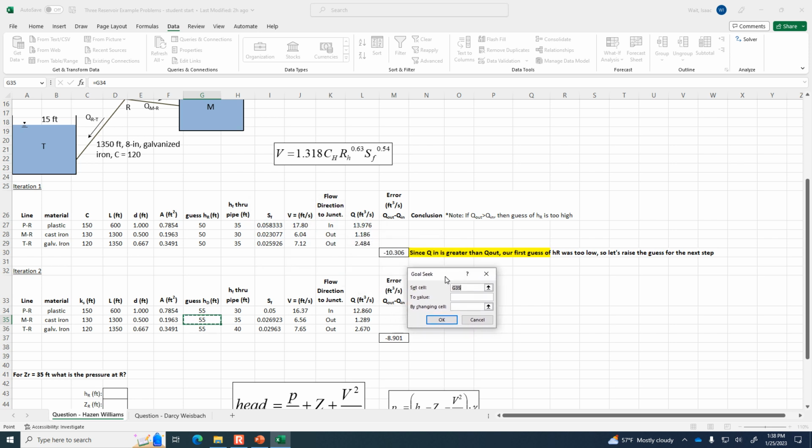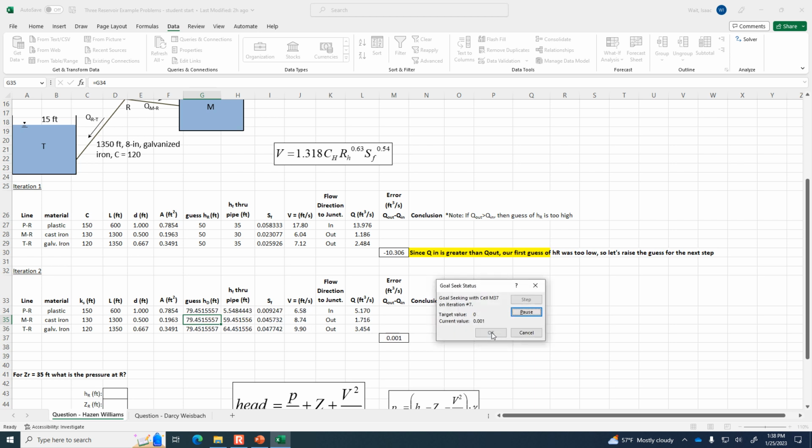What we're going to do is tell Excel our objective here is for this cell to be equal to 0, and then it can change this cell, which is the guess, and as long as it changes that one, these other two are also going to change as a reflection of that.